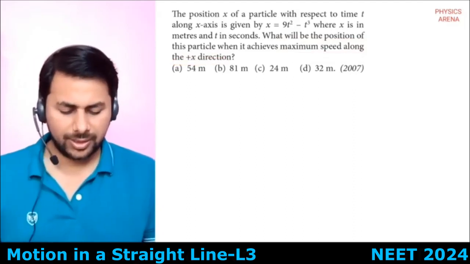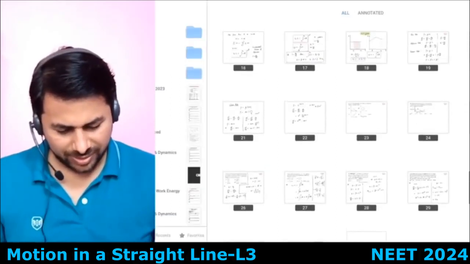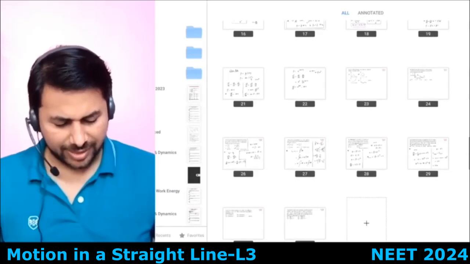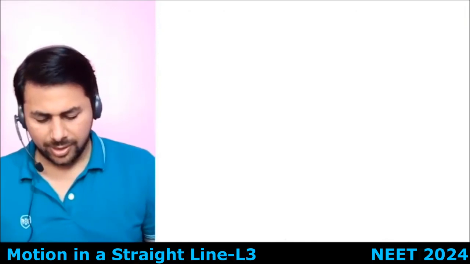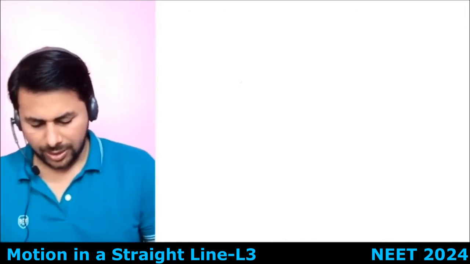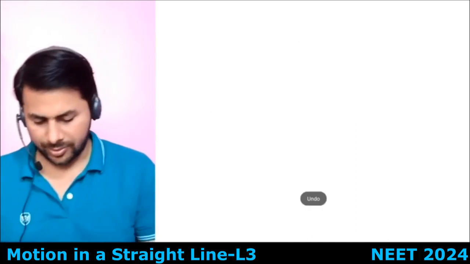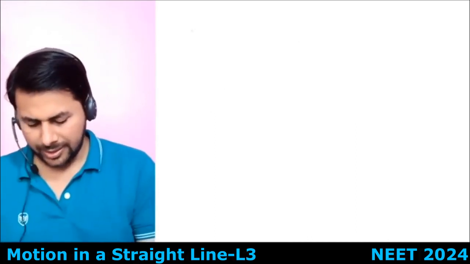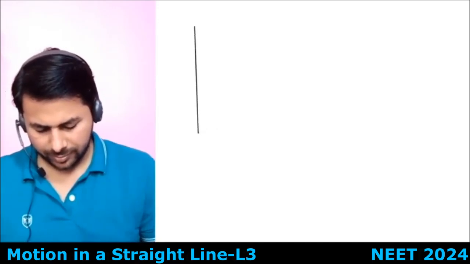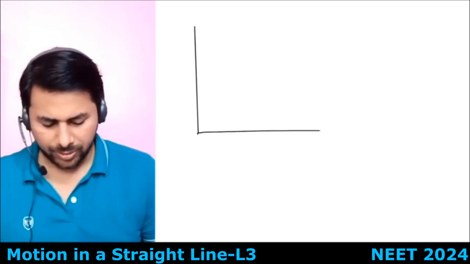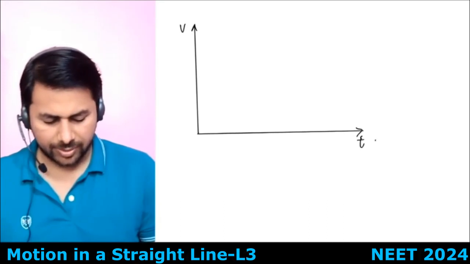Okay, so there is one more thing which I should have taught before coming to problems, and that is maxima minima. So it's simple. See, so now you have some graph, an xt graph, or let's suppose you have a vt graph, v versus t graph.